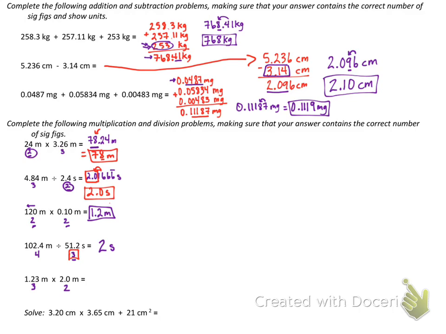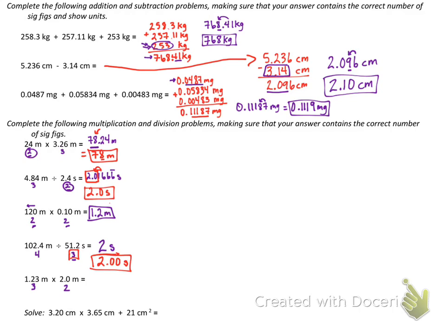Well, I must add a decimal point: 2.00 seconds. And remember, because there's a decimal point present, I must count from left to right, starting at the first non-zero number, and that's going to be 3 significant figures. Here's my answer.